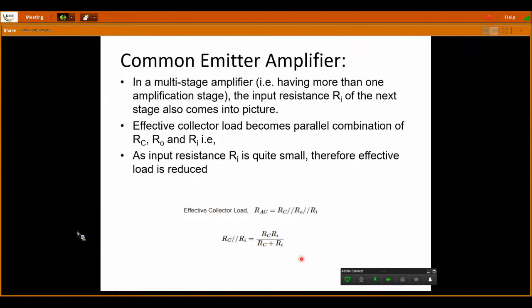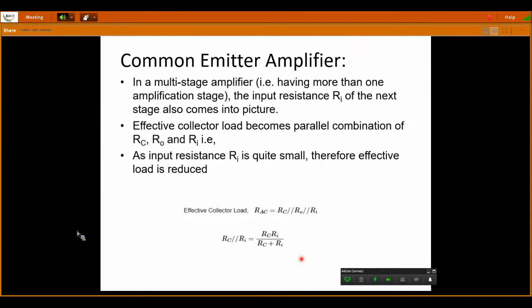So the effective load is equal to RC in parallel with R naught in parallel with Ri, where Ri is the input resistance which acts like a load to the first stage. Hence we have to consider the input resistance of the second stage to calculate the effective load.